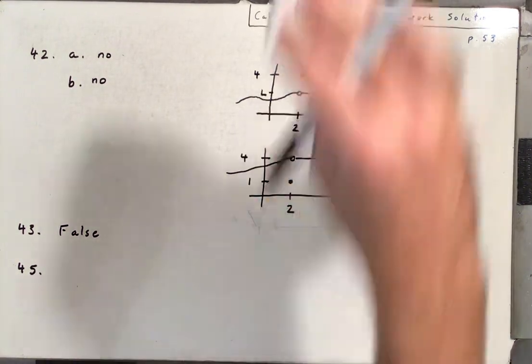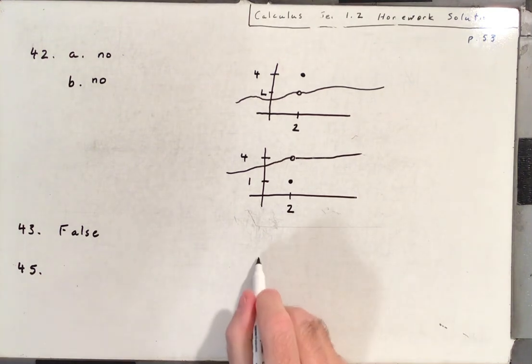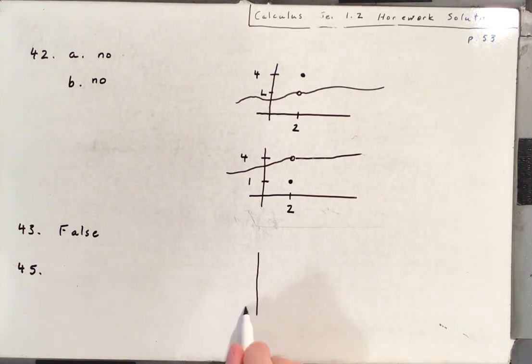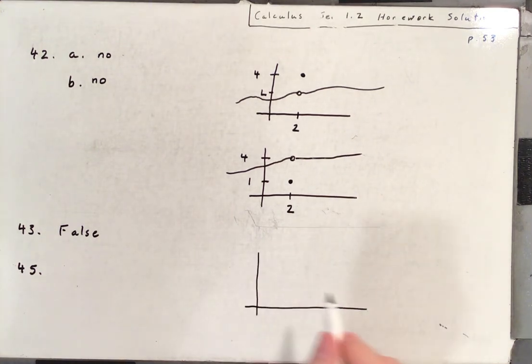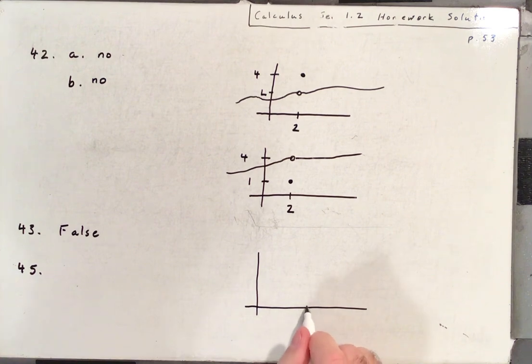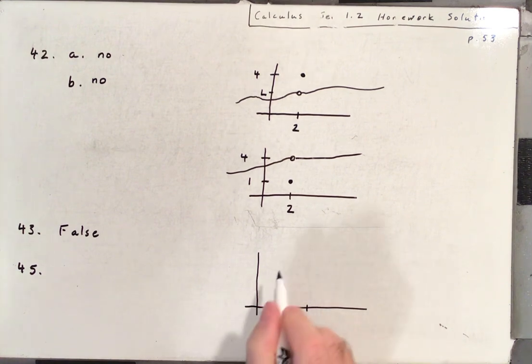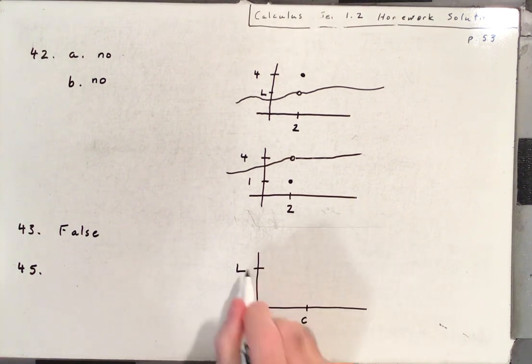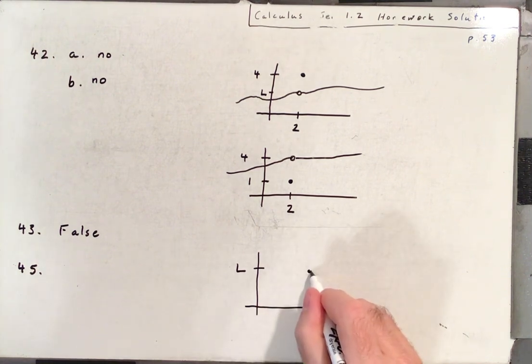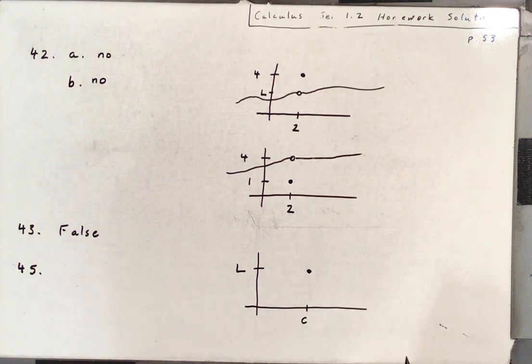It says f of c is equal to L. So this would be c. This would be L. F of c is equal to L.